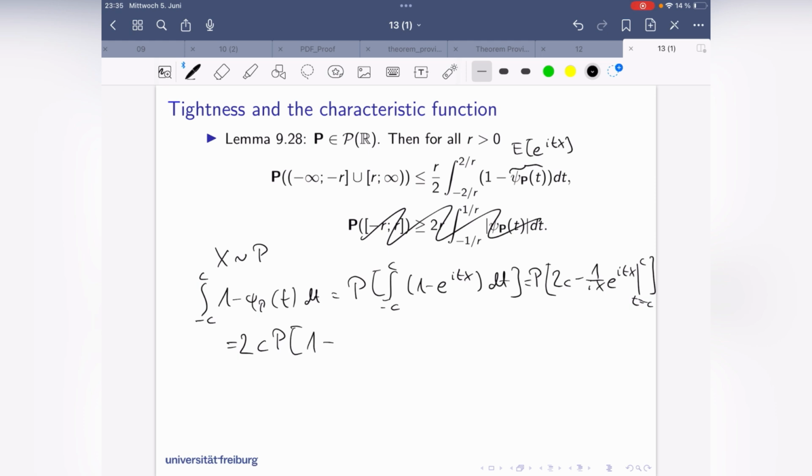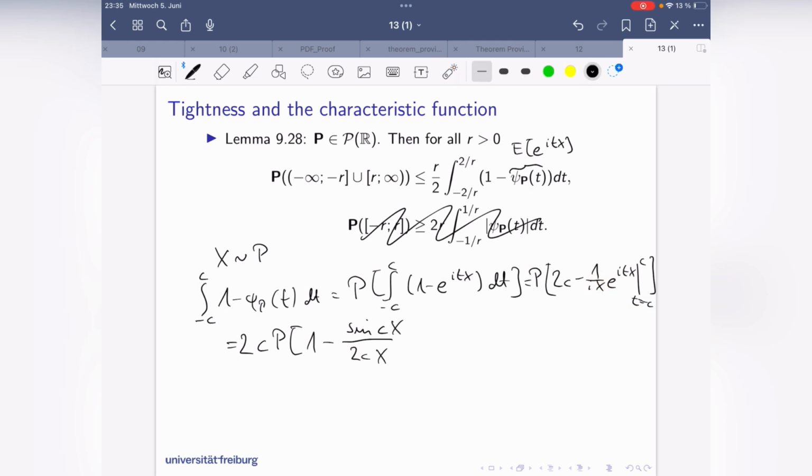Then I need to write 2c here because this 2c times 2c gives a 1. And I have from here the sine of cX divided by this X here.